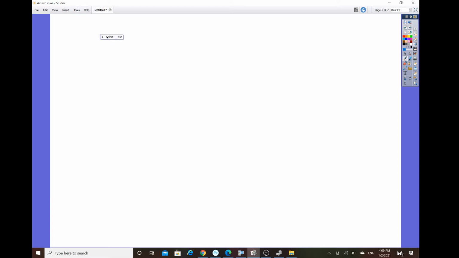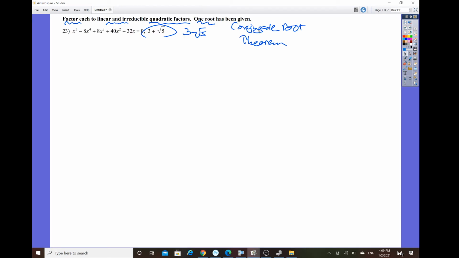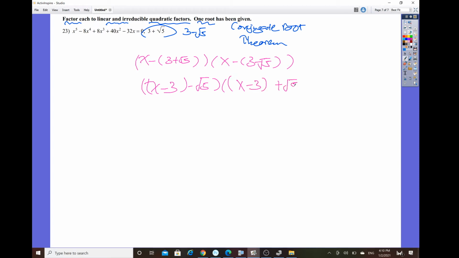But what about the rest of the roots? How do we find them? Since we know one of the factors is x minus the quantity 3 plus root 5, and the other factor is x minus the quantity 3 minus root 5, let's regroup them: x minus 3 minus root 5, times x minus 3 plus root 5.